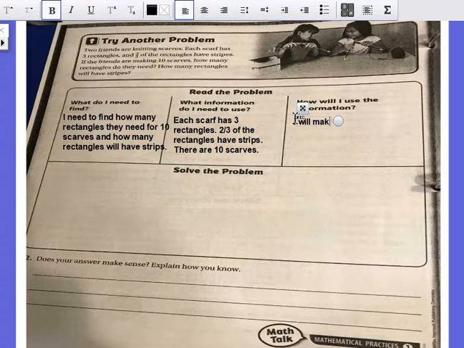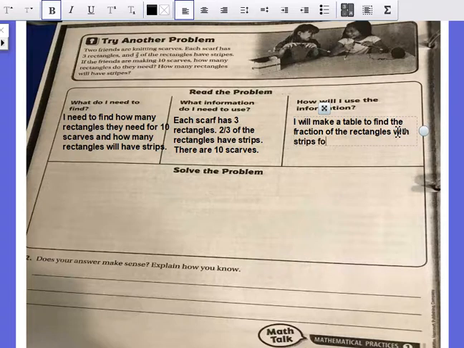I will make a table to find the fraction of the rectangles, the rectangles with stripes for different number of scarves.